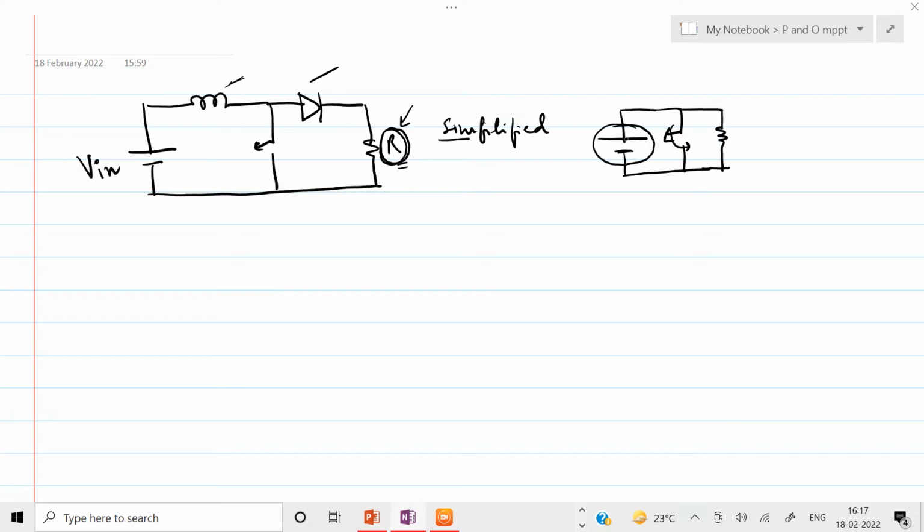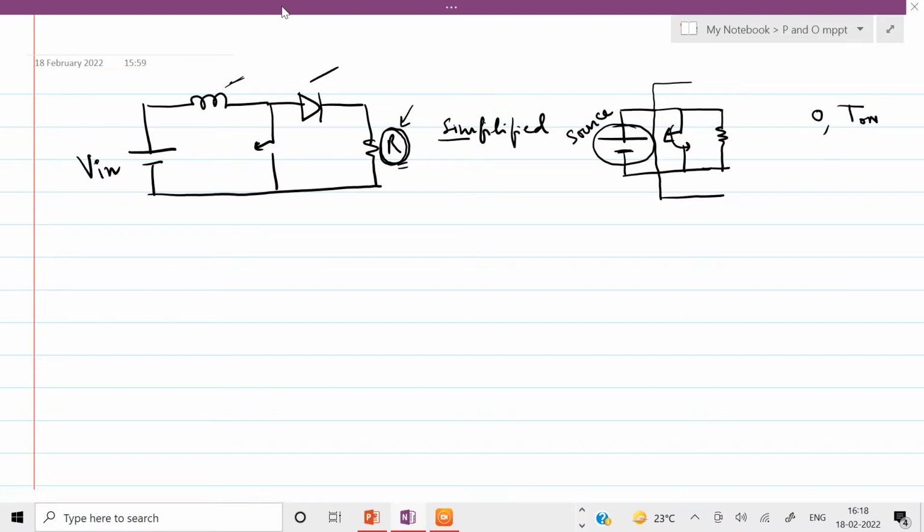So let us assume that this is a source which can be shorted, for example if it is a PV panel. If it is shorted, then the resistance seen by this source, what would it be? It would be 0. For how much time? For the time for which this switch is on. Let me call it T on.